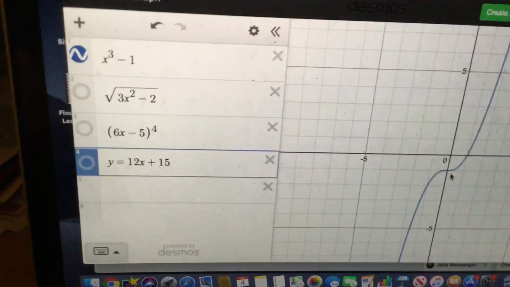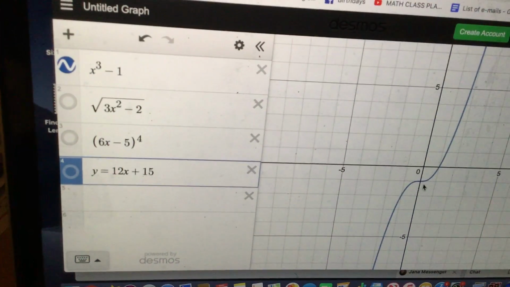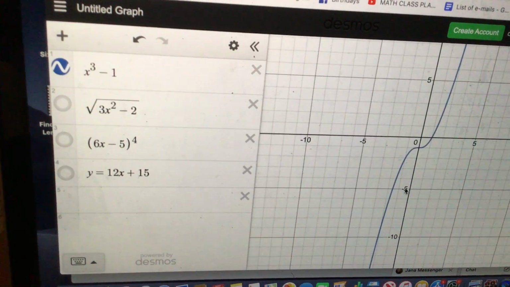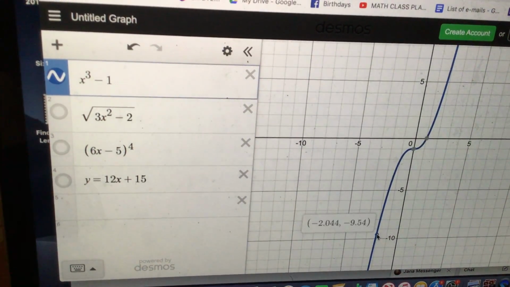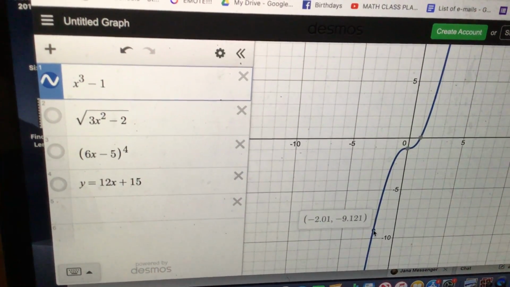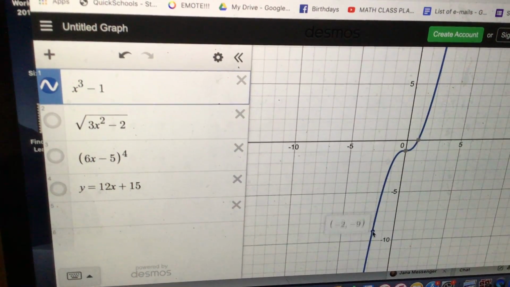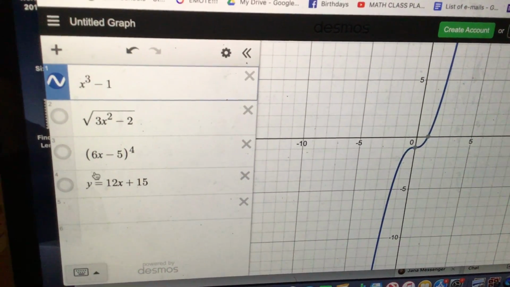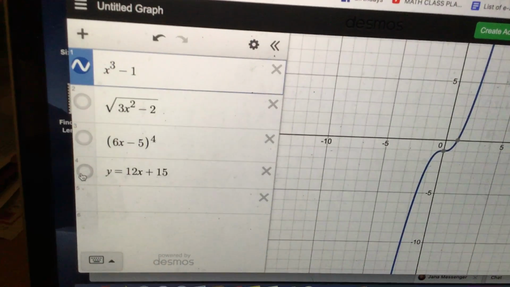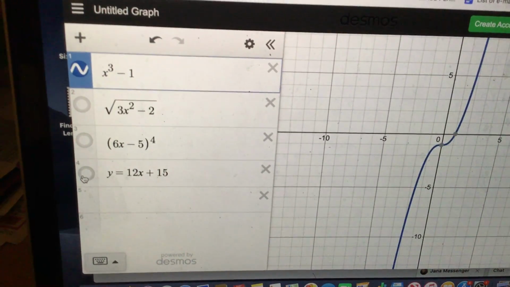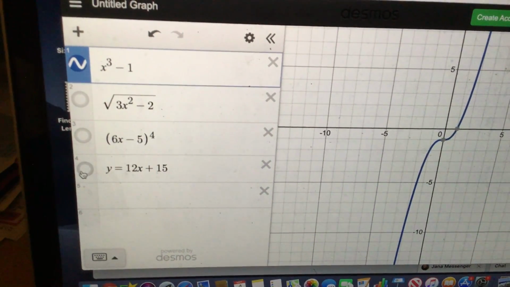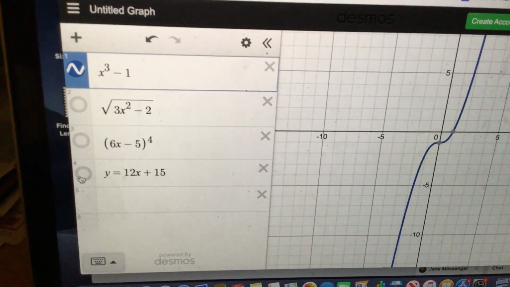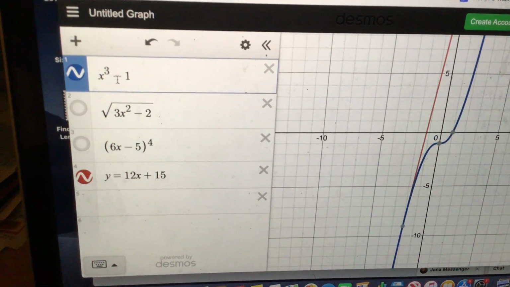Therefore, well, what happens when x is equal to negative 2? Let me zoom out a little bit. We notice that when x is equal to negative 2, the point itself is negative 9. So negative 2, negative 9. Does the linear equation y equals 12x plus 15 touch negative 2, negative 9, and look like it's going in the direction of the slope? Boom.